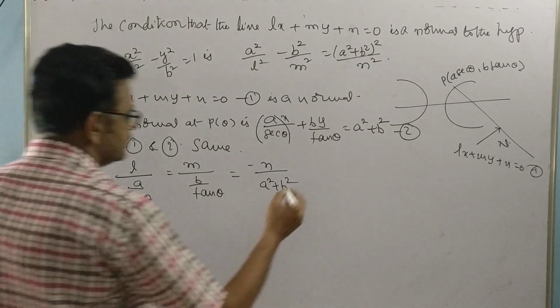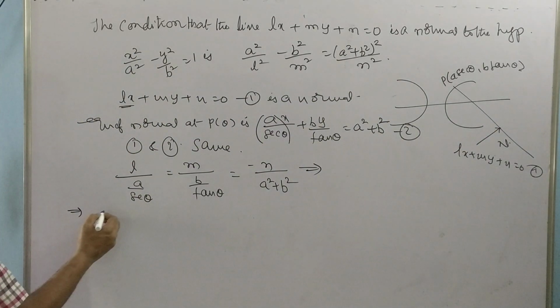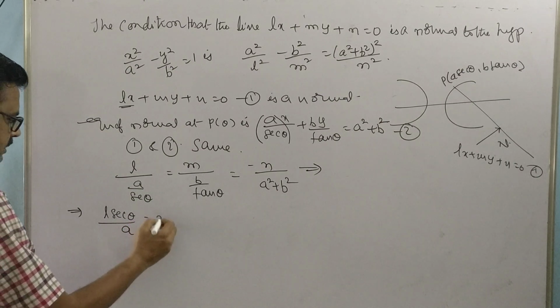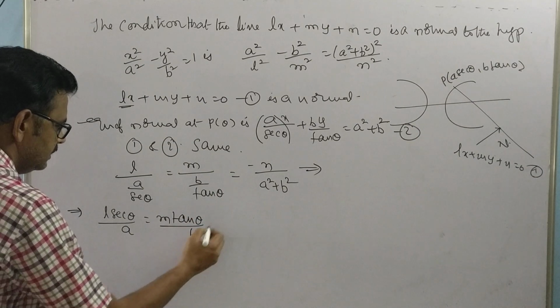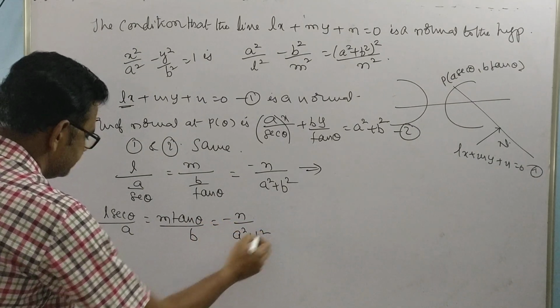This implies L secant theta by a is equal to m tan theta by b is equal to minus n by a square plus b square.